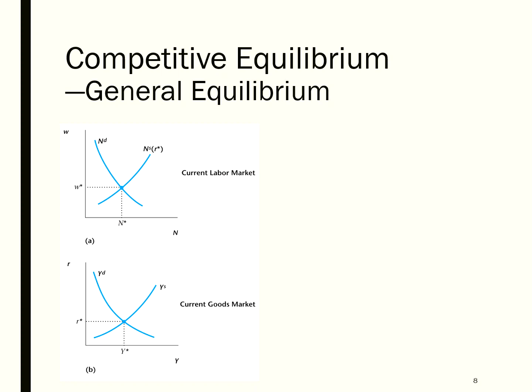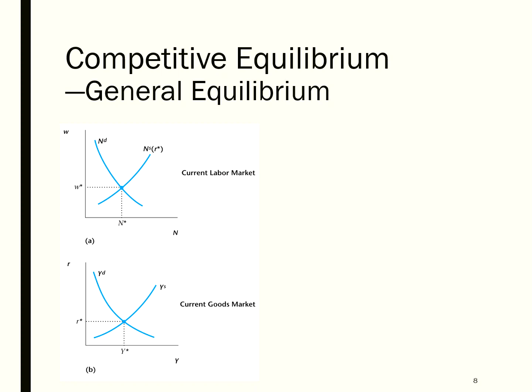This is exactly the same as we have seen in the previous semester. The labor market shows you the labor supply and labor demand, and they are derived from the consumers' and the firms' optimization problem. And these are actually the intra-temporal conditions for the two individuals. And the goods market has its supply curve and demand curve, and they are also derived based on the consumers' and the firms' optimization problem.